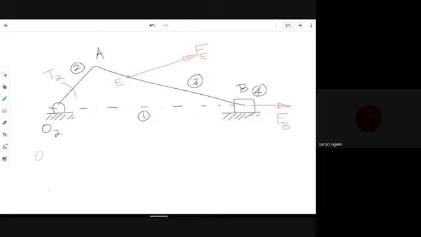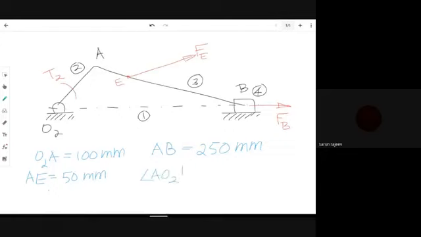That is, let O2A be given as 100 mm, AB is given as 250 mm, AE is given as 50 mm, angle AO2B be equal to 30 degrees.